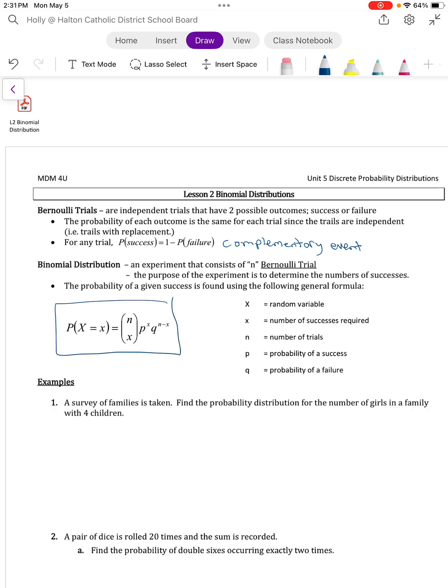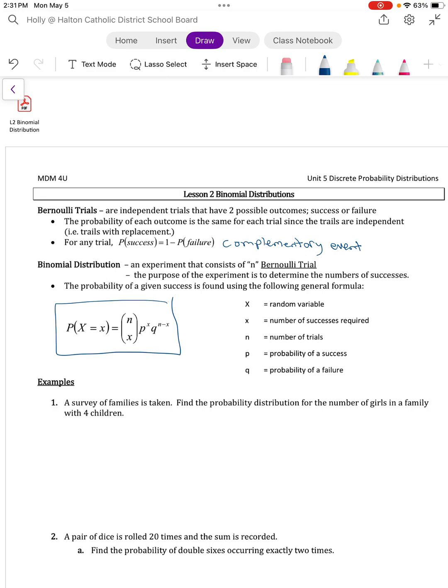We look at n choose x times P, the probability of success, to the exponent of x, the number of successes required, and Q to the power of n minus x, so the number of trials minus the number of successes. And just a reminder, the capital X is your random variable, and it's equal to how many successes that random variable has.